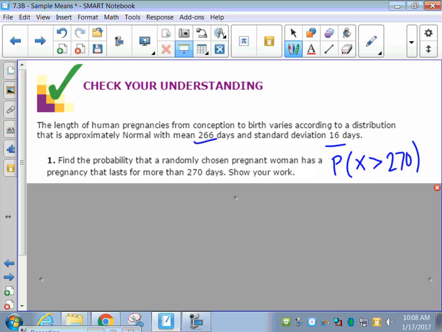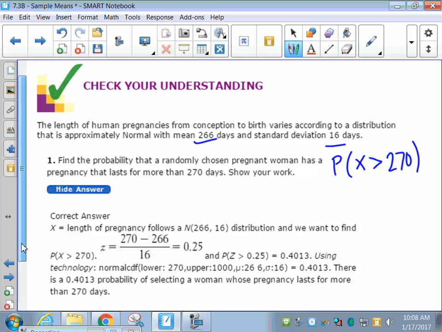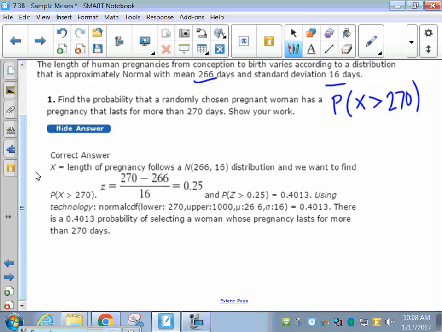Okay, 40%. You guys get 40? Let's check it. So you got to state, and this is when you guys do these, X is the length of pregnancy. You have to say it follows the normal distribution. Just in case you forgot z-score, you guys, I know I'm not making you show this, but there might be multiple choice questions. So 270 minus 266.